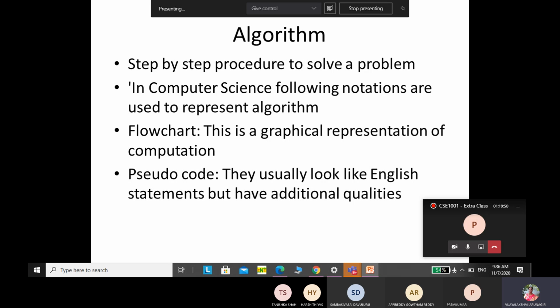Whereas in an algorithm you write, get the input from the user. Next statement, compute this value with this value. If you write in sentences like that, that is an algorithm. Pseudocode also looks like an algorithm, but it is readily convertible into a program. In such a way, we have to write pseudocode.